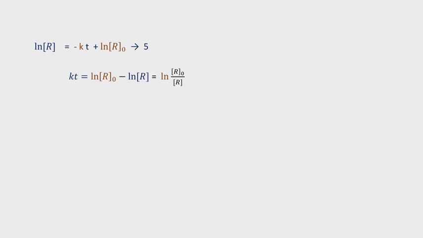Minus kt becomes plus kt, and ln r goes to this side. So then kt equal to ln r naught minus ln r.